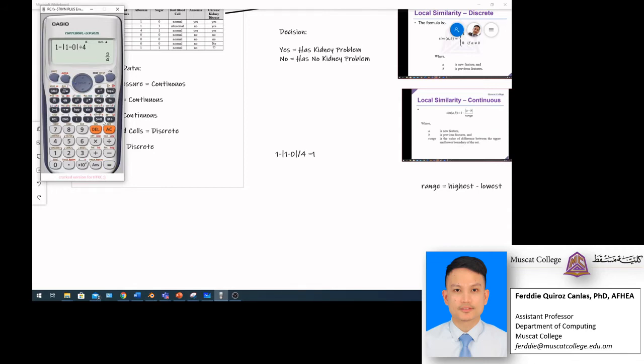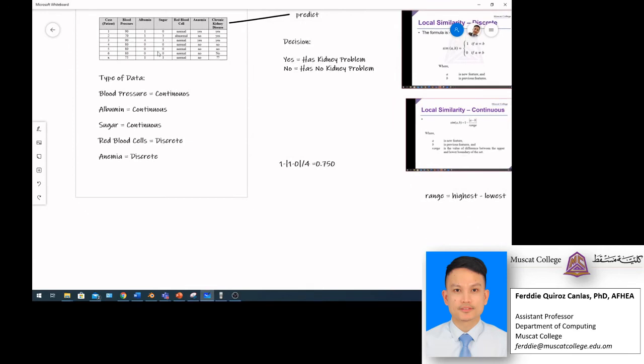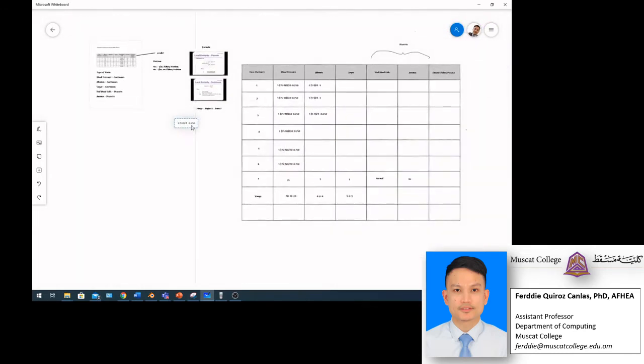You will get 3/4, which is 0.75, 0.750. So you will see patients 4, 5, 6 have the same value, 0, 0, 0. So we just have to copy this to the rest of the cells. Let me make 2 copies of this and paste it here.